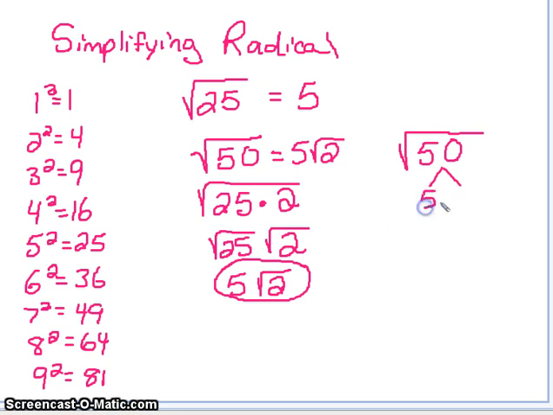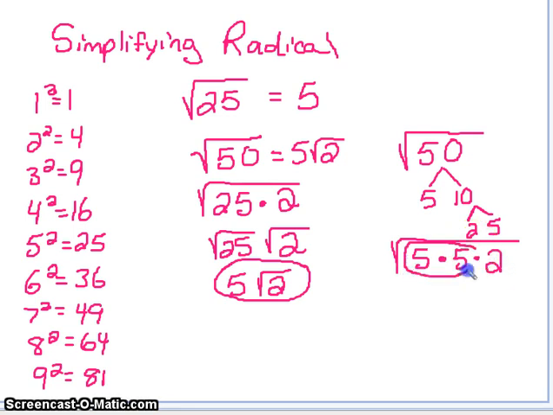Some of you would say this is 5 times 10, and then 10 is 2 times 5. Well, if you list those factors, you want to put the ones together. That means you've got 5 times 5 times 2. And these two 5's have a pair. There are two 5's under the radical.